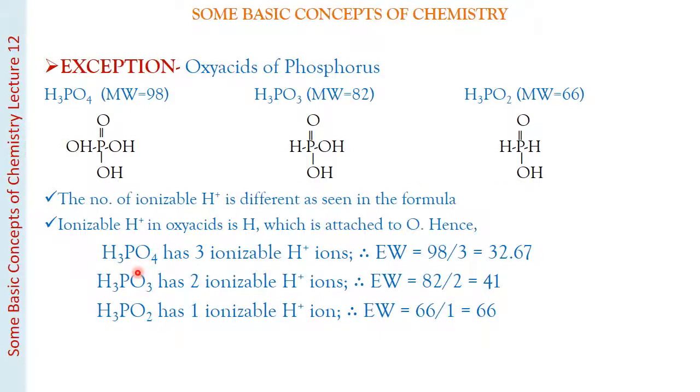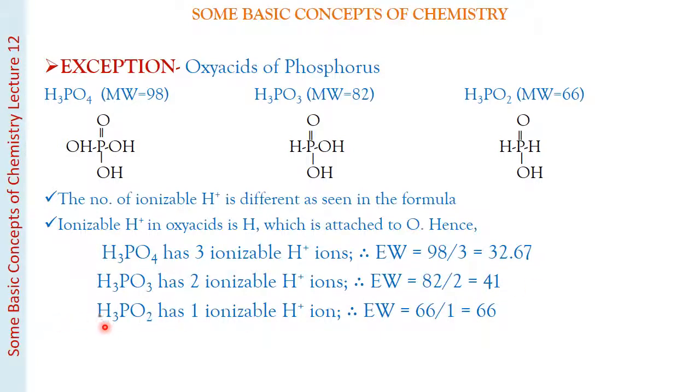So H3PO4, 3 ionizable H ions, so the equivalent weight is 98 divided by 3 and this comes up to 32.67. For H3PO3, we have 2 ionizable H ions, so the equivalent weight 82 divided by 2 is 41.